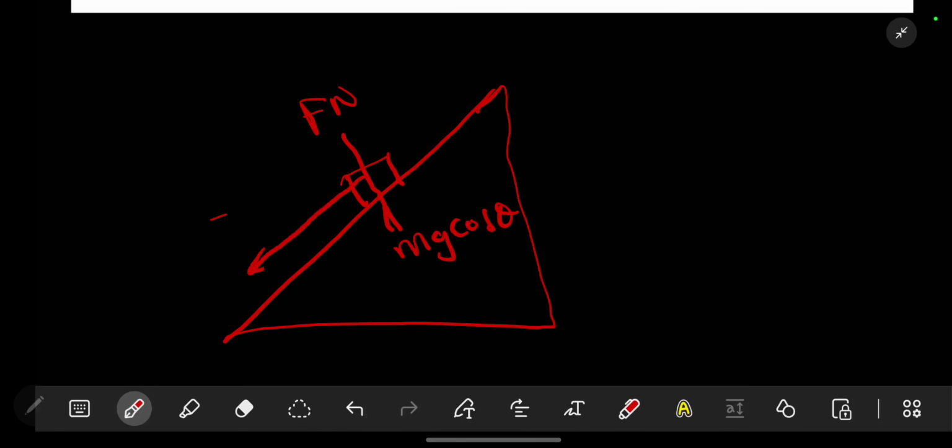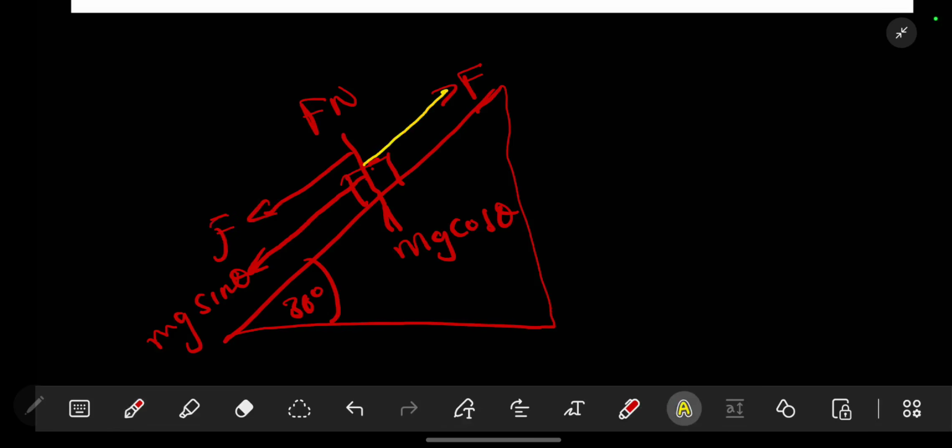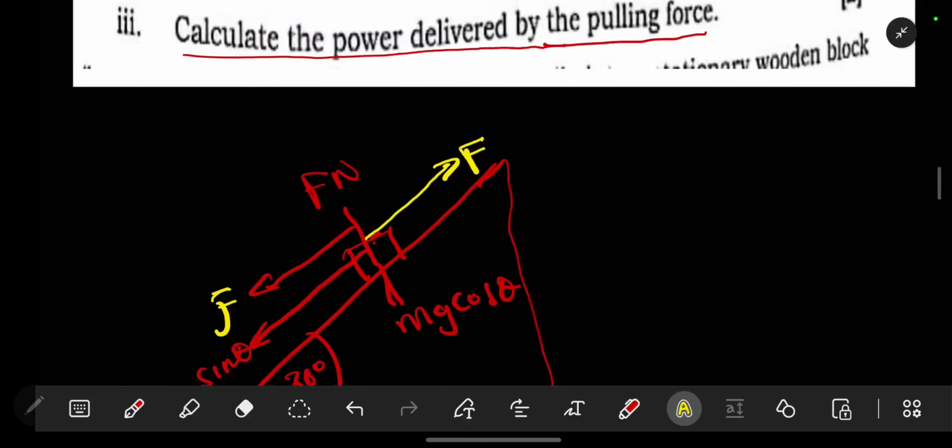Always the force that acts down the incline is the mg sine of theta, where this theta is the angle of inclination. Then if the force is pulling up like that, this is the pulling force, which means the friction will be in the opposite direction. That will be our frictional force.